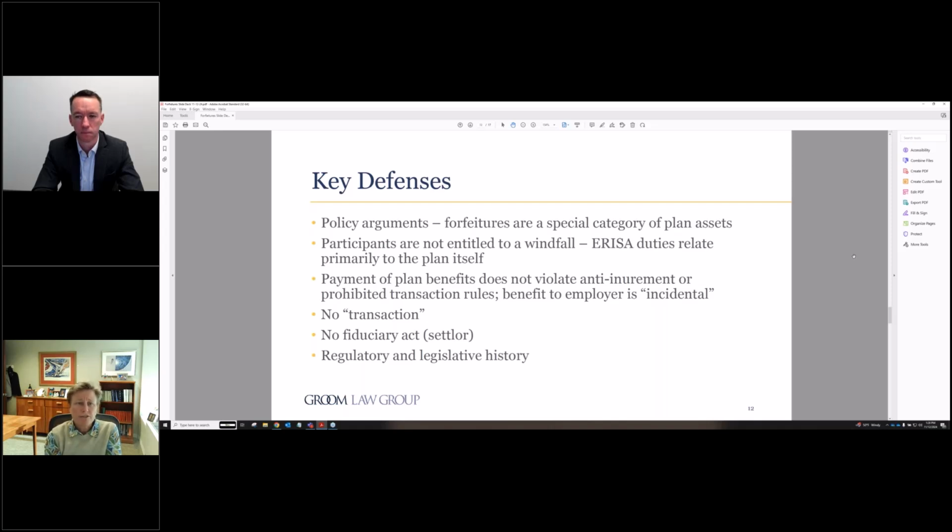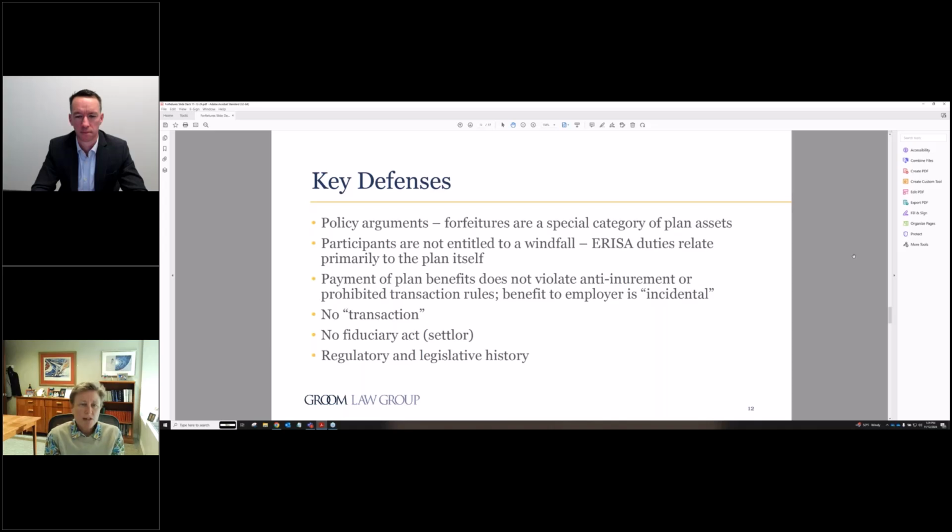Participants would get a windfall if you can't say to employers, you're allowed to have a vesting schedule, you're allowed to forfeit certain assets, and the tax code says you can use those forfeitures for certain things, but somehow without the DOL or other courts ever having told plan fiduciaries, you're now supposed to say, oh wait, we can't use this money for the things that the Internal Revenue Code says it can be used for.